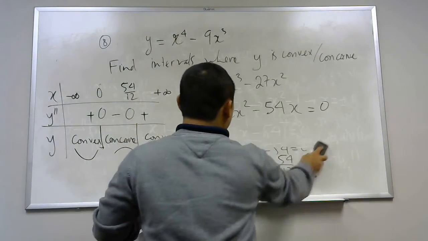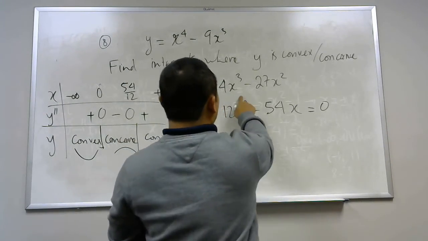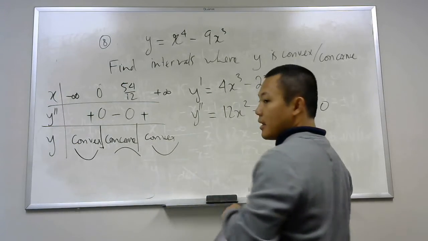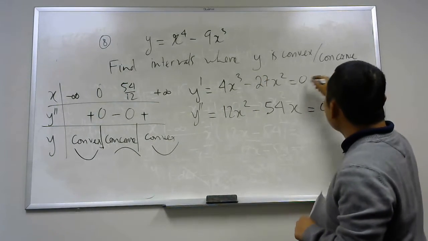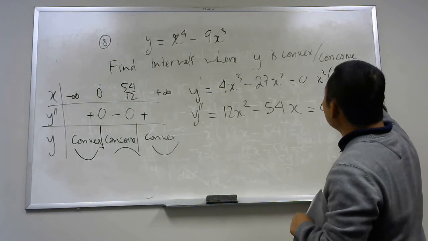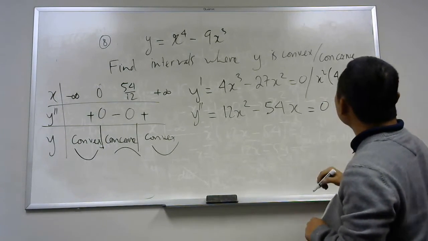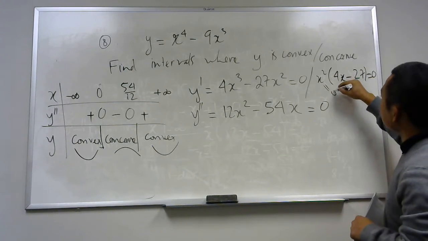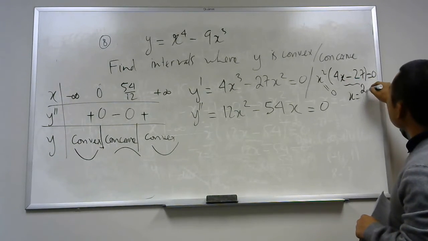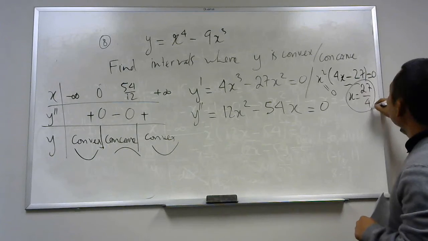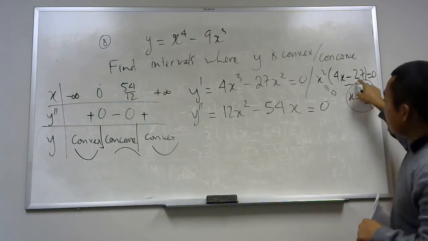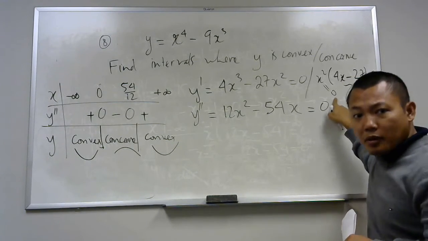I will keep the second derivative in here. For the first derivative, I set it equal to 0. So from here I have x squared times (4x minus 27) equal to 0, right? And then I have x equal to 0 or x equal to 27 over 4. That is from here. So I have only two critical points, right?